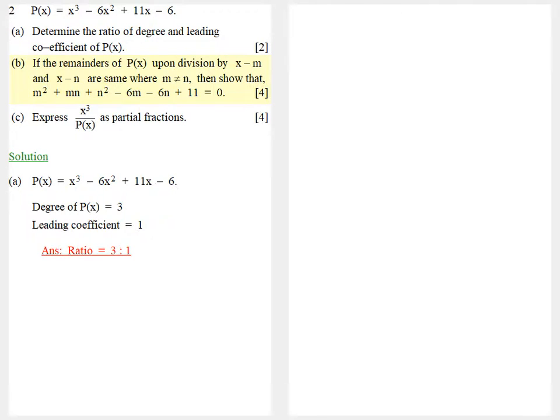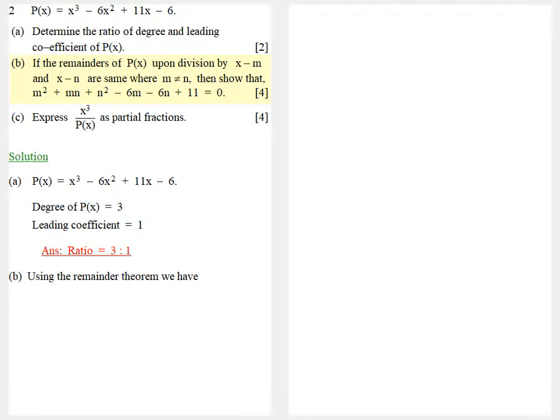In part B, we are given if the remainders of p of x upon division by x minus m and x minus n are the same, where m is not equal to n, then show that m squared plus mn plus n squared minus 6m minus 6n plus 11 equals 0.